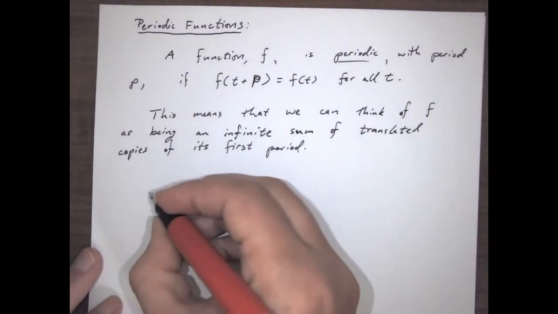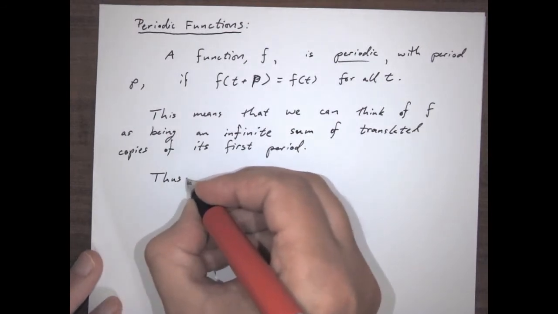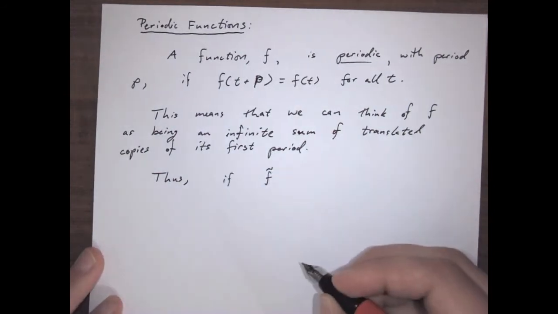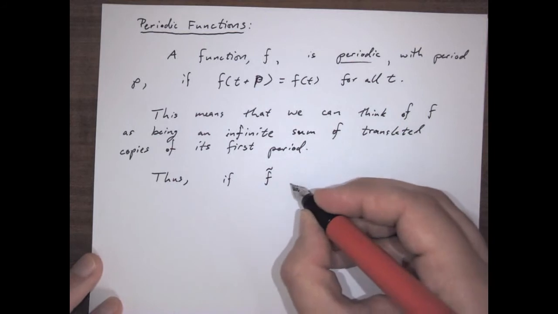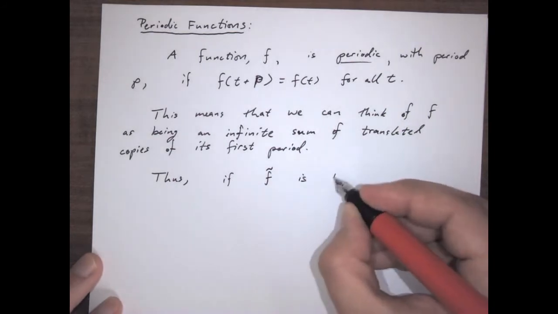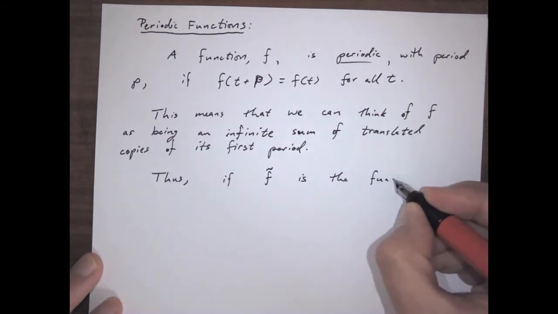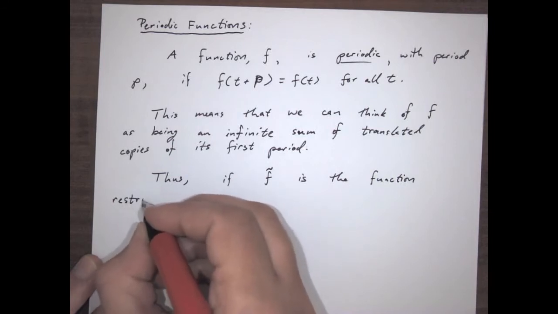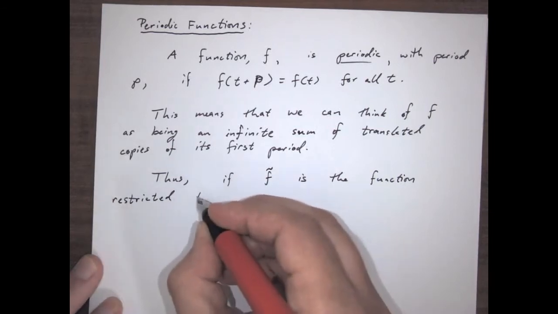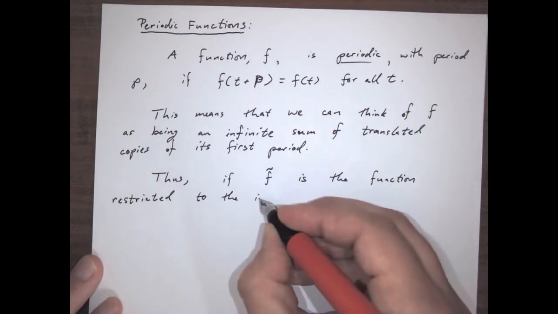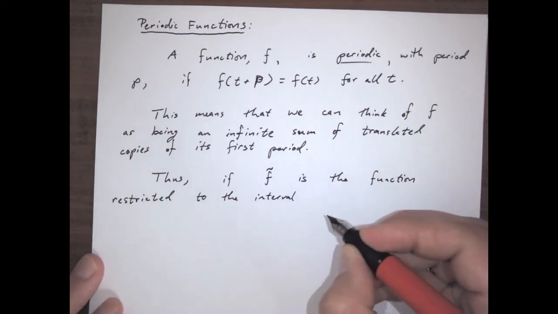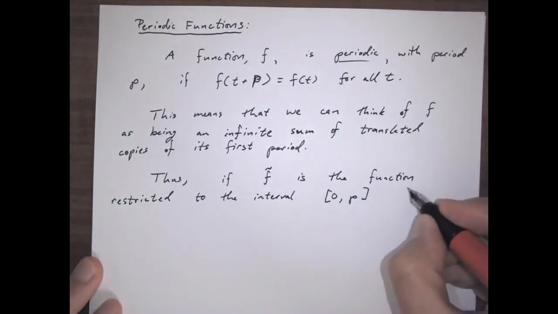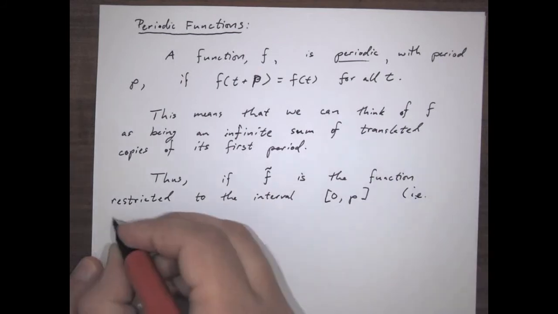So thus, if we write f tilde to mean the function f restricted to its first period, is the function we'll say to the interval 0 to p. In other words, the first period.